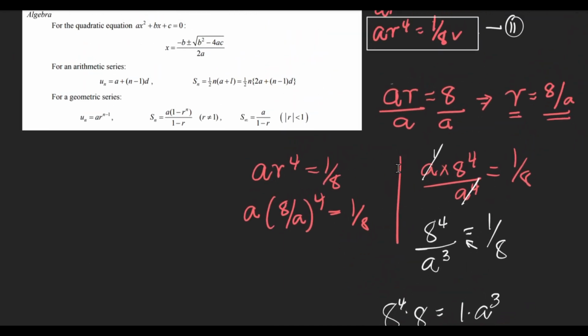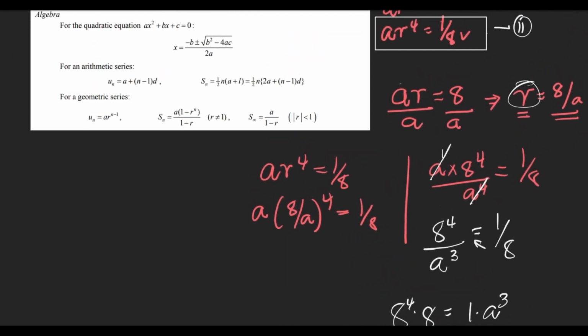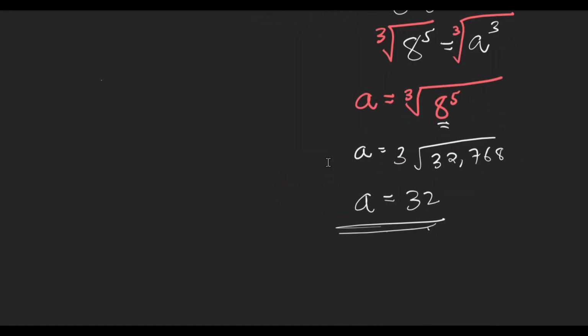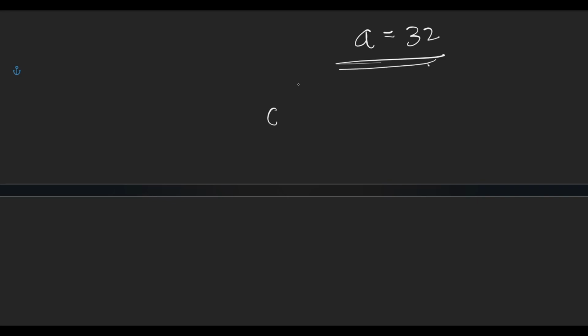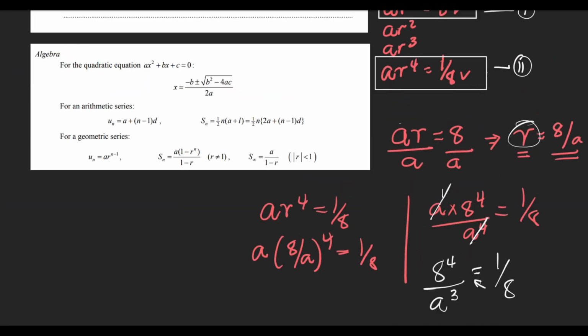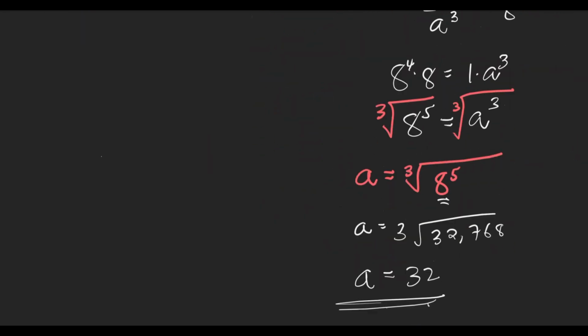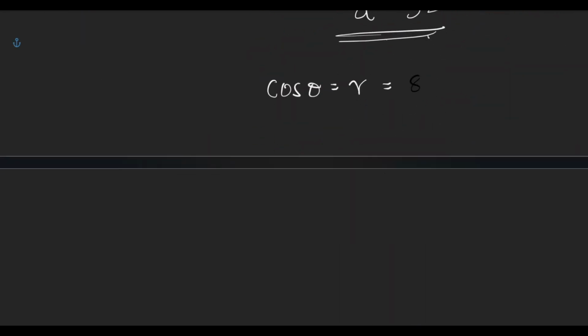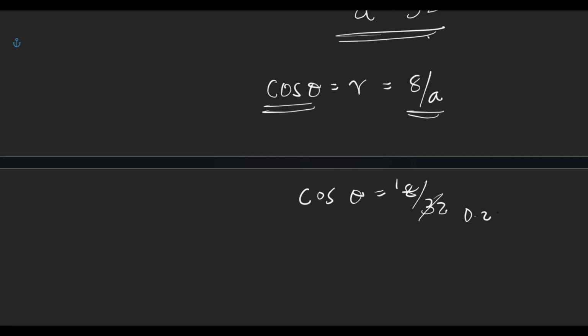Because now I know the value of A, I already know the value of R. Since cos theta is equal to R, and from equation 1 R is equal to 8 over A, cos theta is also equal to 8 over A. Now I know A is equal to 32, so cos theta is equal to 8 over 32, which is a quarter.